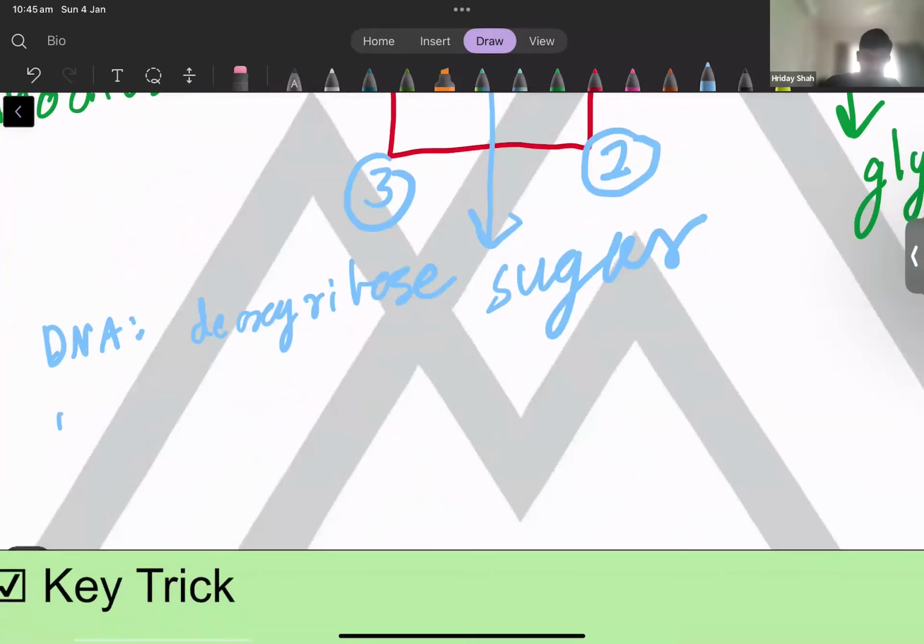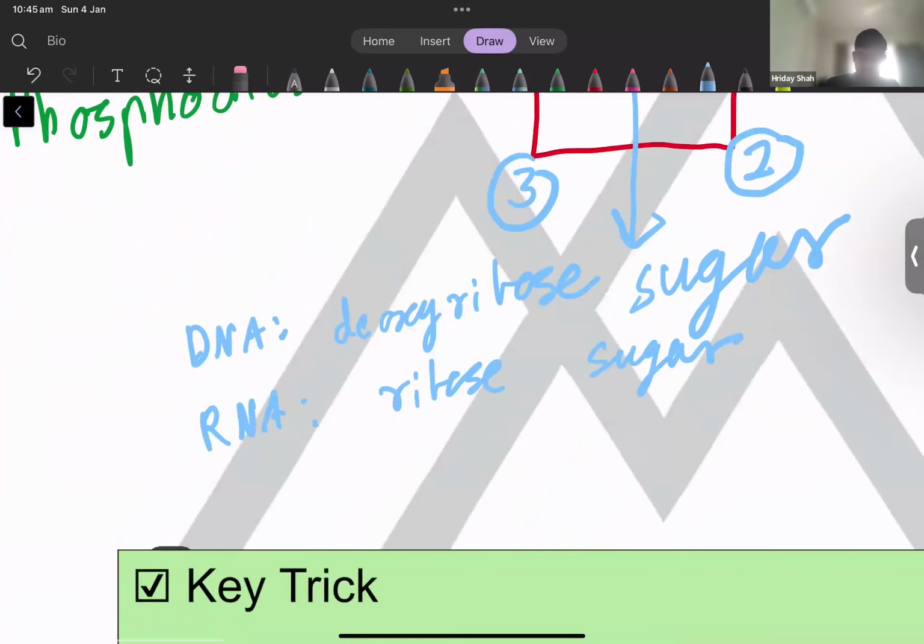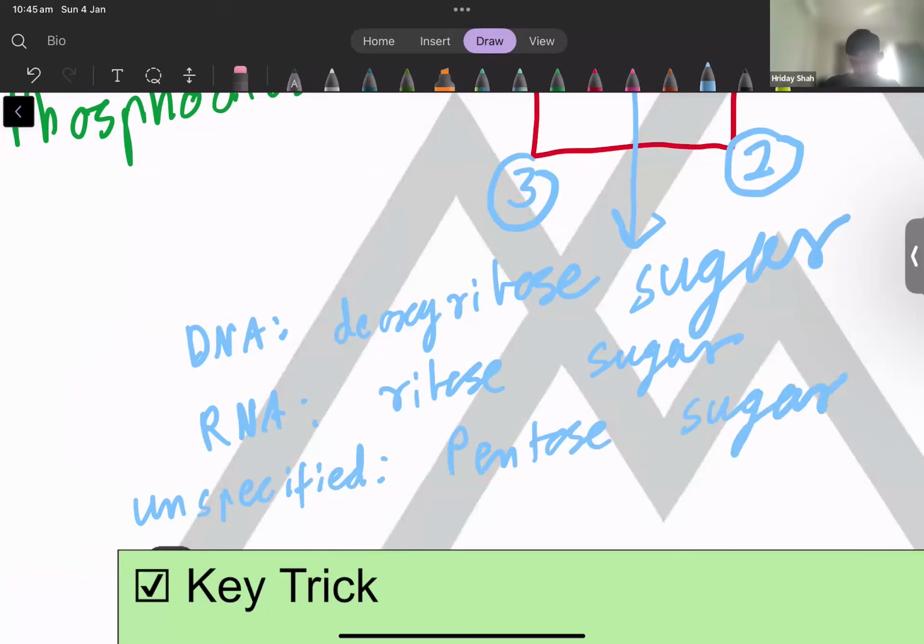If you are dealing with RNA, it's going to be a ribose sugar. If it is unspecified, you will call it a pentose sugar. So three terminologies, depending on if you're talking about DNA, RNA, or general.